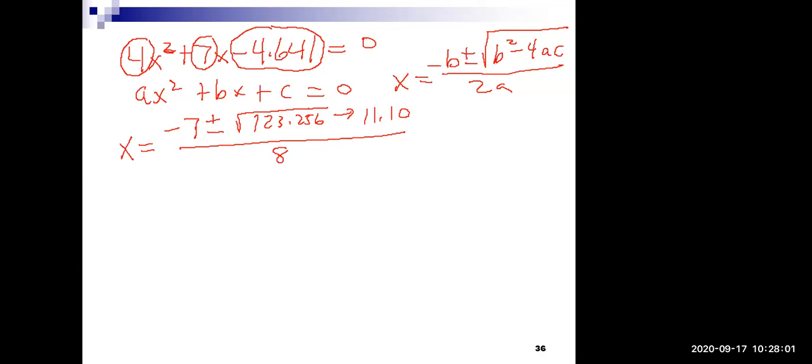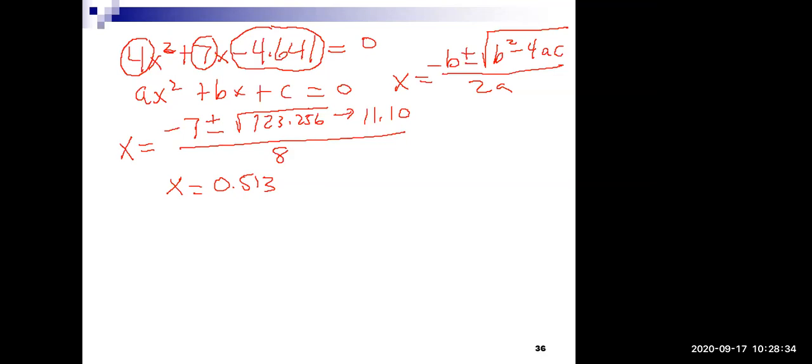So again, I just put in all the numbers for the square root and got a number there. And in this case, we have two answers. The first one would be minus 7 plus 11.10 divided by 8. If you do that, you get an x value of 0.513.